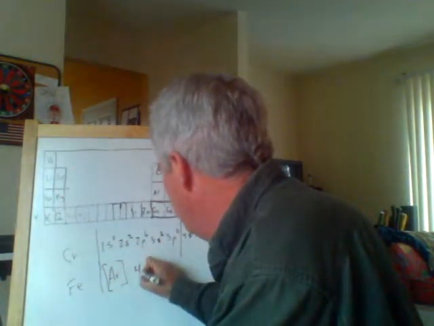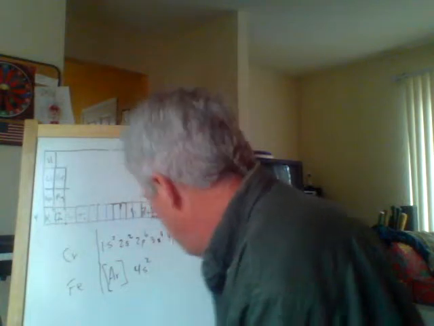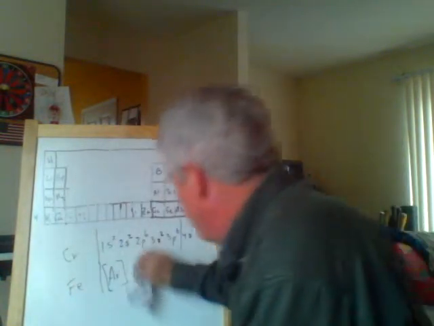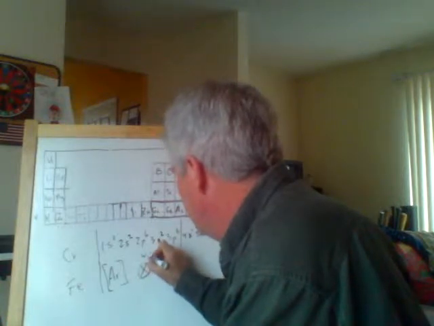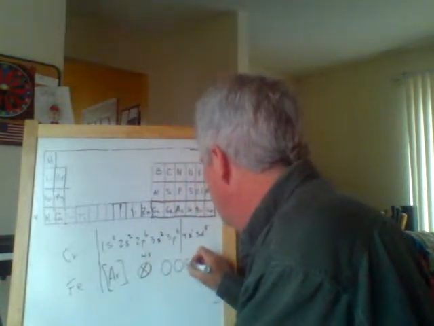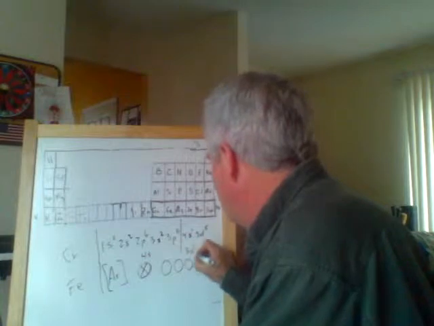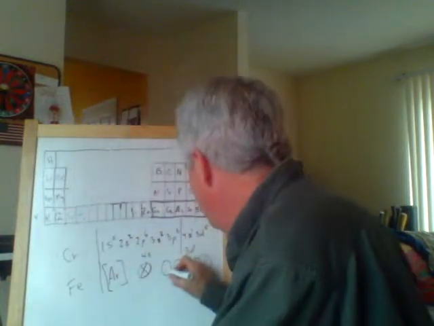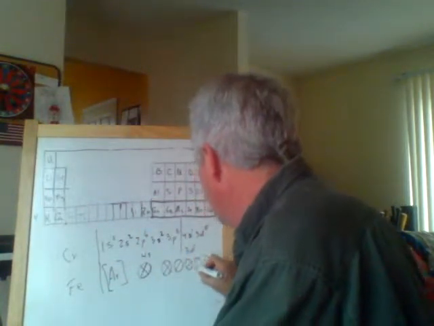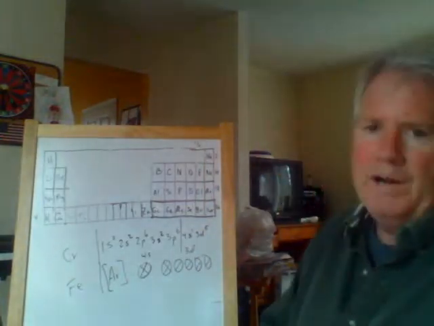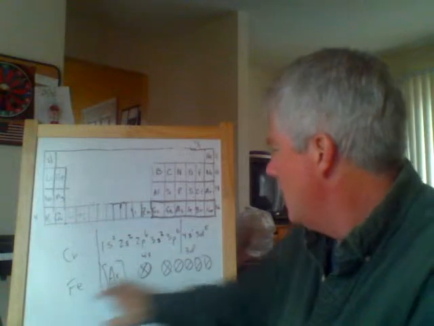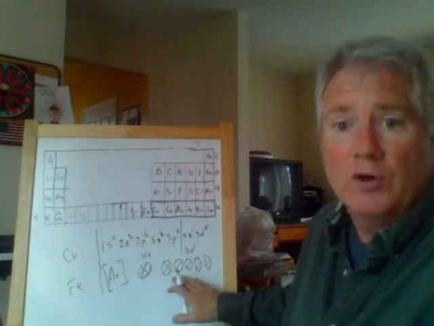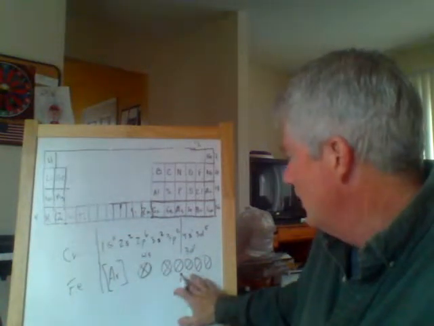It has 4s2. In fact, I'm not going to draw it that way. I'm going to draw it as 4s and 3d. Look at iron. 3d looks like this. All right, so you could look at this and say, I bet iron is somewhat magnetic. And of course, iron is indeed somewhat magnetic.